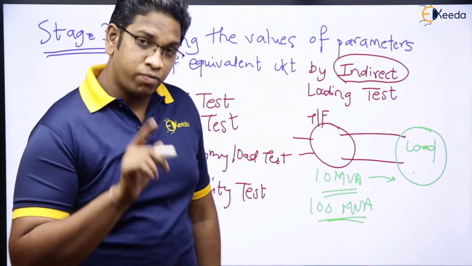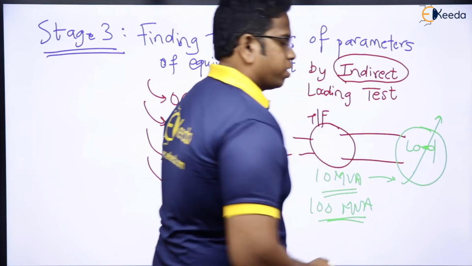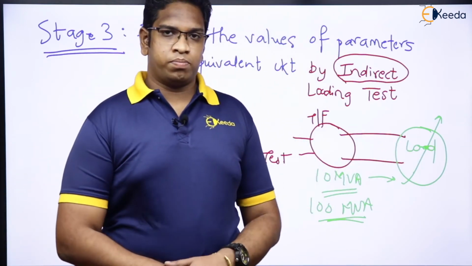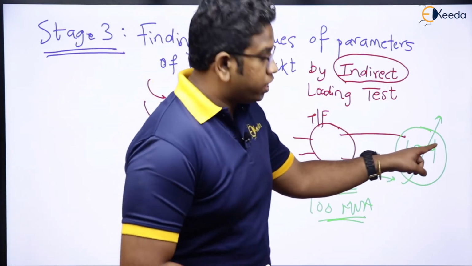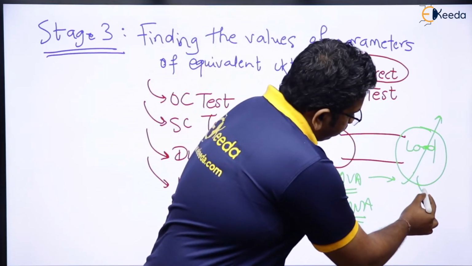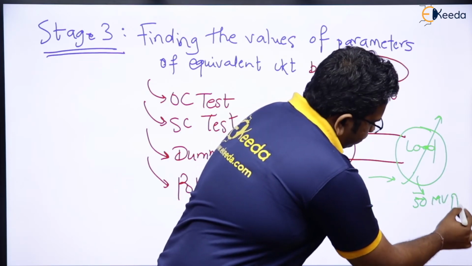No. It is not like that. The load also has to be variable. For example, you need to find efficiency at, let's say, half of full load. If its capacity is 100 MVA, you have to design the load in such a way that it can vary and its capacity can also be lowered to 50 MVA. I hope you are understanding it.